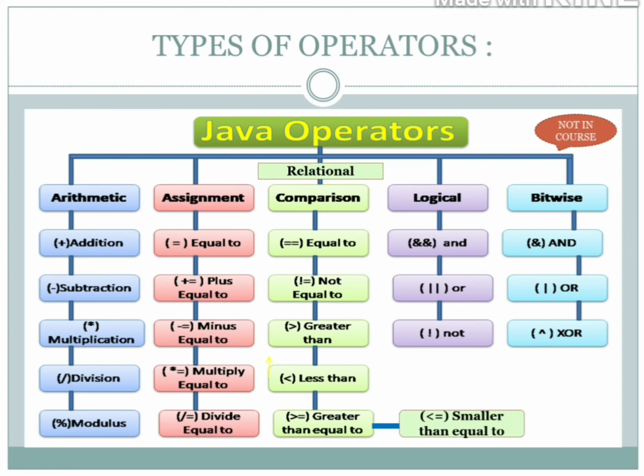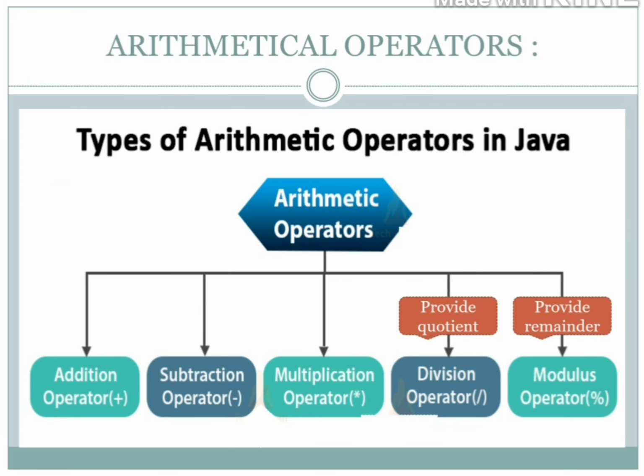Firstly, if I am proceeding with the arithmetical operators, then we have plus, minus, into, and divide. You are familiar with all these things, but divide is used to provide only the quotient. And modulus is one more that is introduced, which is used to store the remainder.